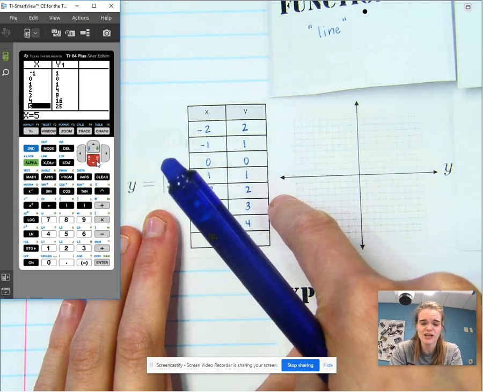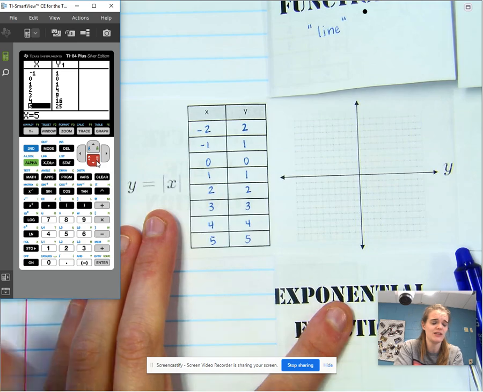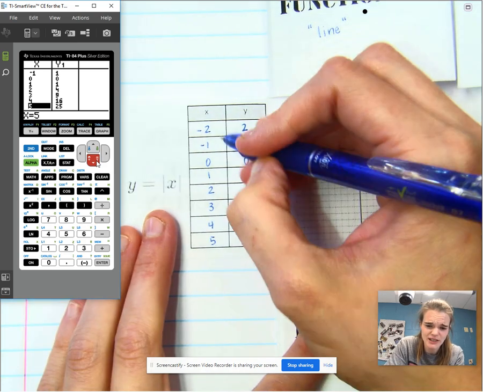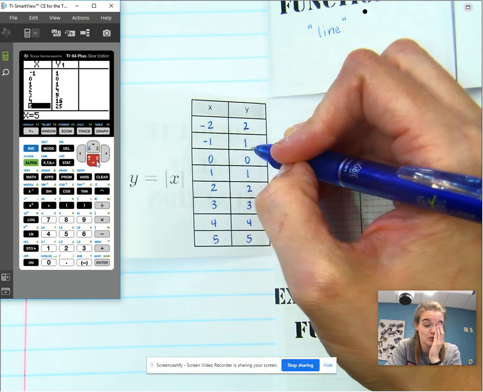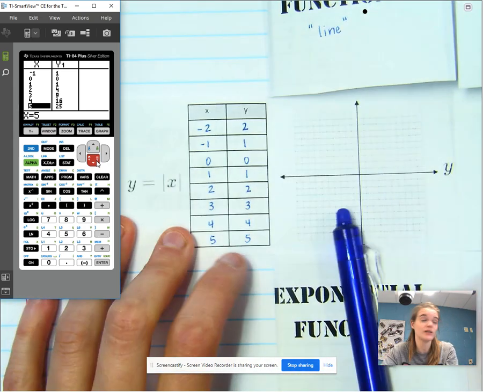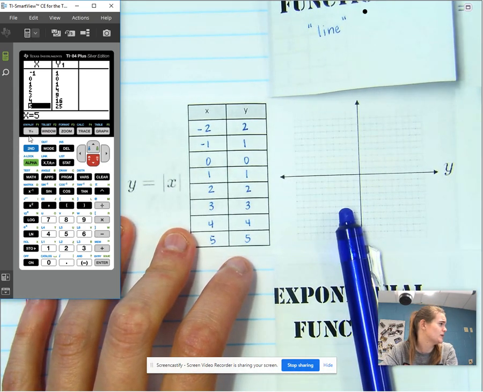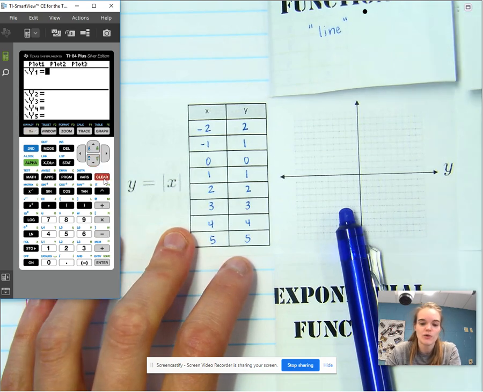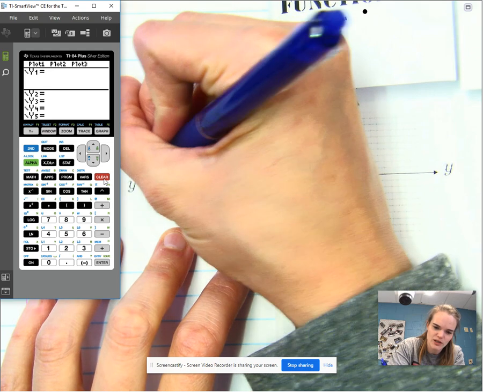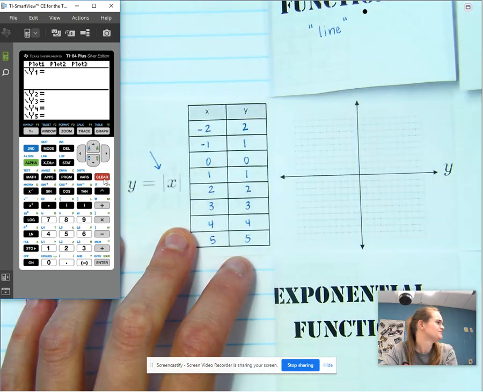But if you don't understand exactly where I got these, I'm just plugging it in. -2, the absolute value is 2. -1, the absolute value is 1. If you don't know how to do this, though, we can go back to y equals and type it in. Okay, clear this out. I need you to know where to get absolute value bars, though. Here's where you get absolute value bars.